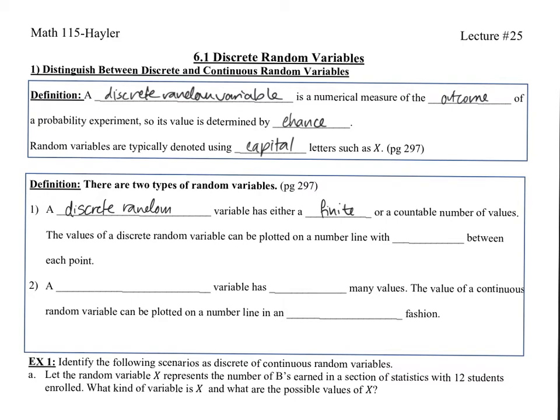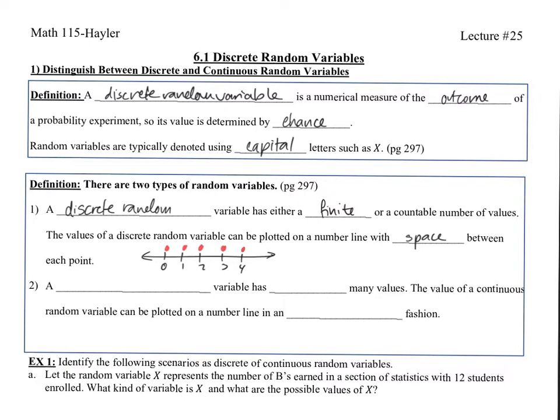And the values of a discrete random variable can be plotted on a number line with space between each point. For example, if we have a number line, I can plot the points 0, 1, 2, 3, and 4. So the graph would look something like 0, 1, 2, 3, and 4. So we typically would use the counting numbers.